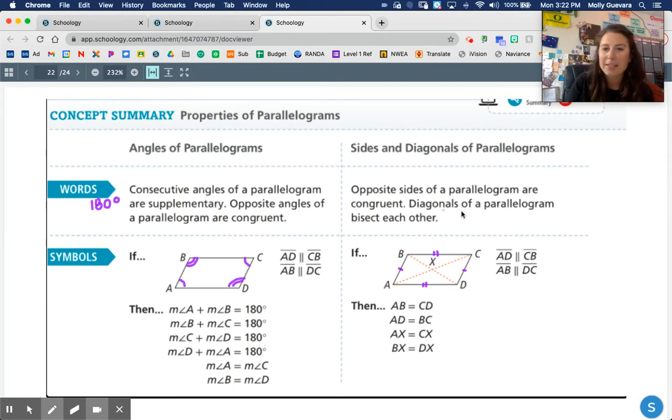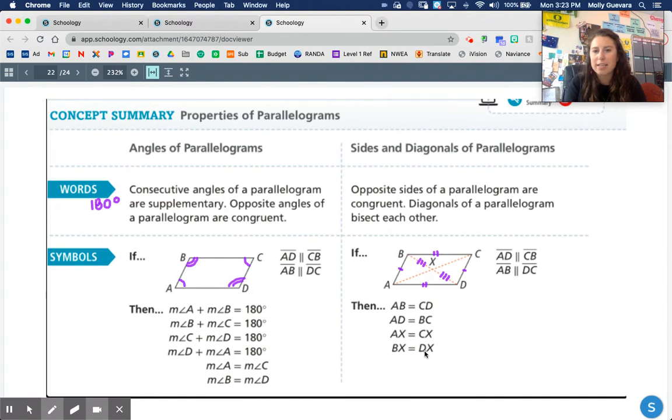Okay, and then here, diagonals of a parallelogram bisect each other. That means it cuts the diagonals in half. So that tells me that the distance from B to X is also the same as the distance from D to X, which is right here.